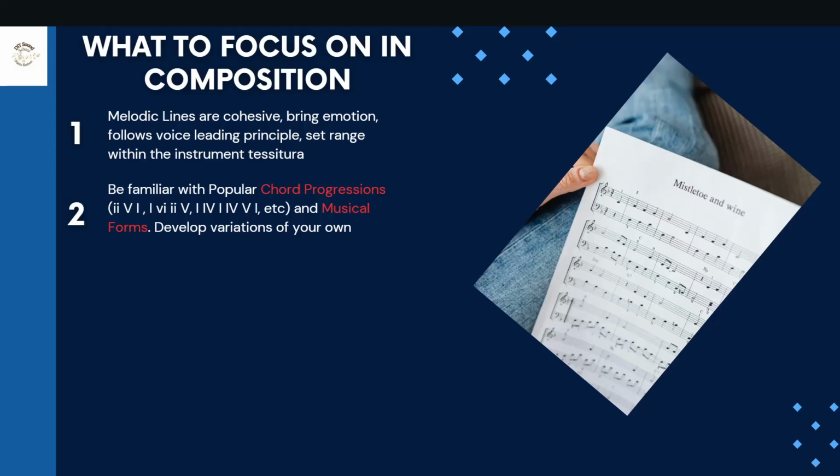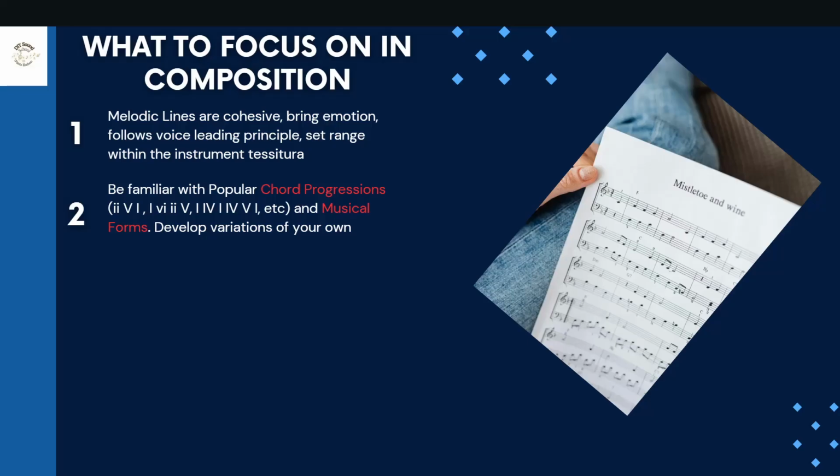We need to make sure that at least we understand the familiar chord progressions, such as the 2-5-1s, the 1-6-2-5, etc. All those that are being used in pop music, in jazz, in classical music, and so forth, because it gives us some sort of context that we can use for the purpose of our music.